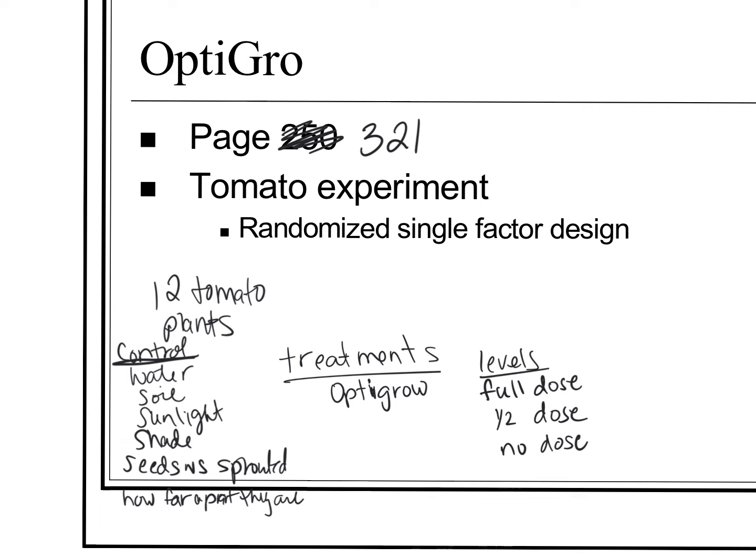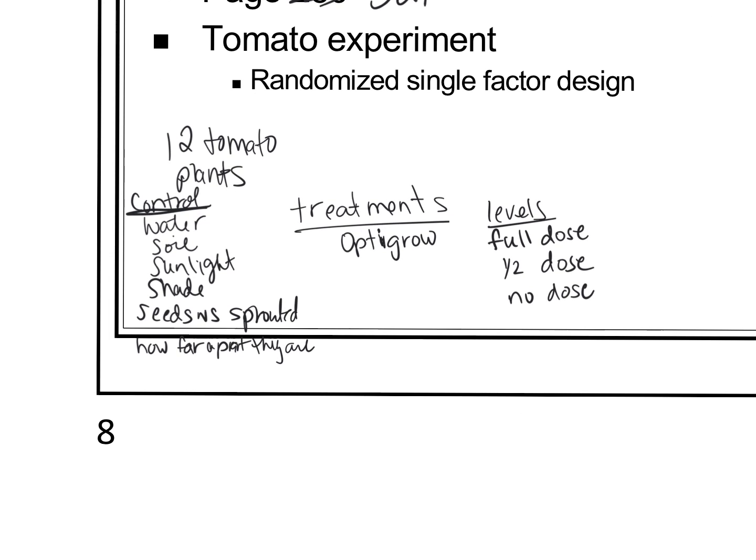And then we need to randomly assign, okay? We have 12 plants and 3 levels. How many plants are going to go into each group? 4 plants, okay?